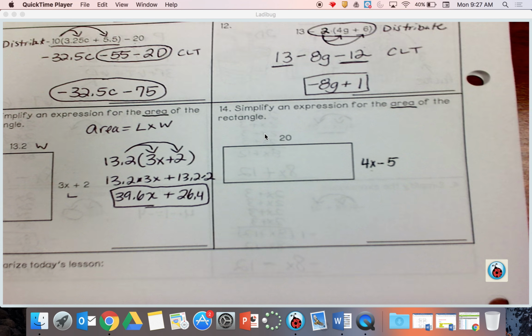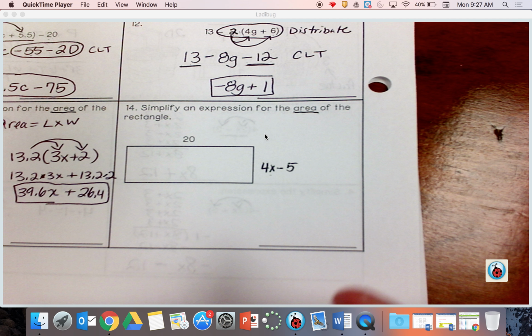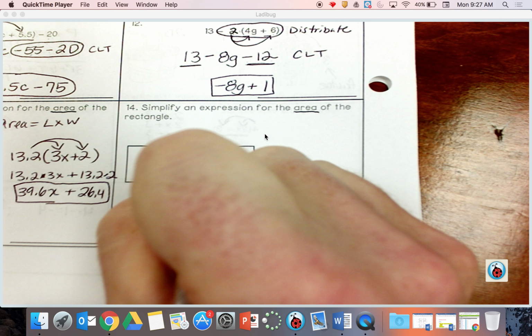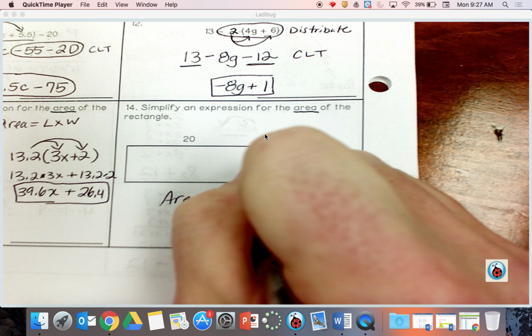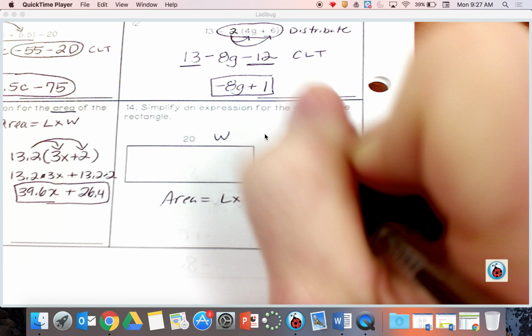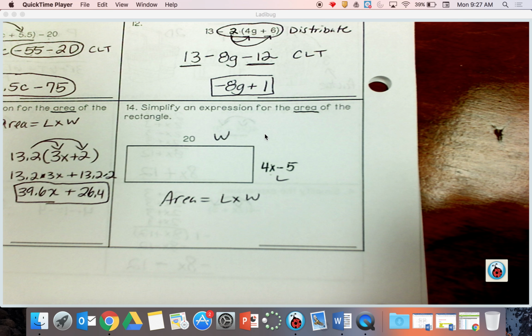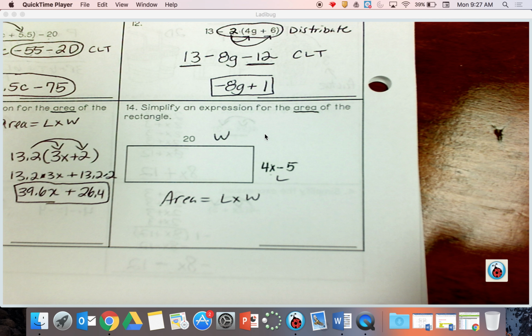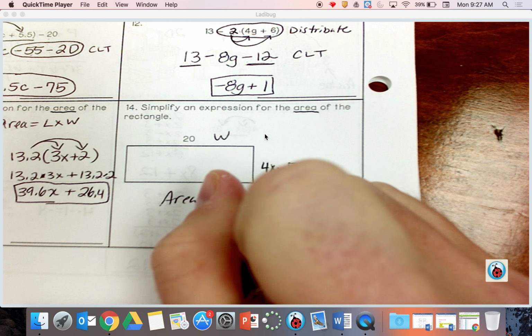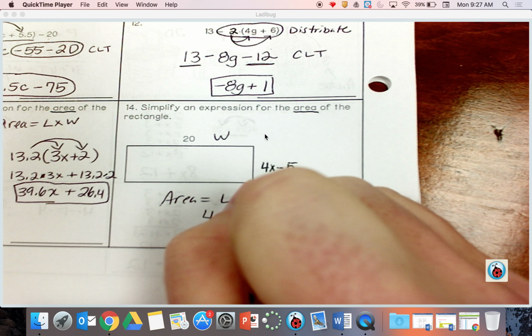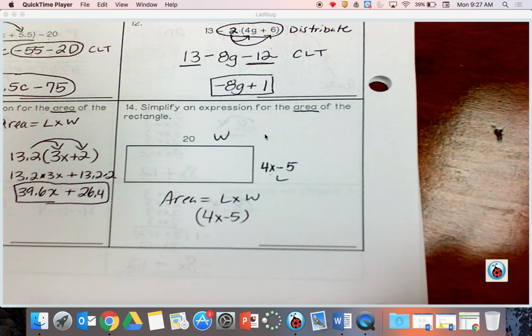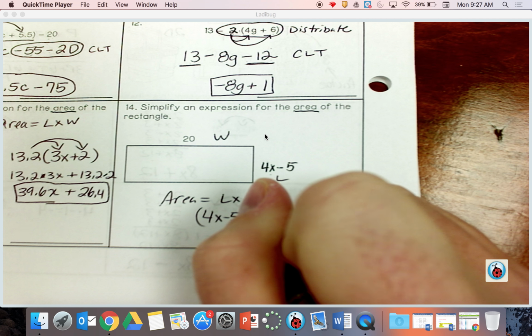Same thing with the last one here, number 14, area. Well, what is area again? Area is length times width. So here's my width, here's my length. I'm going to rewrite it using my formula. It's going to be 4x minus 5, in parentheses because I'm multiplying it by 20.